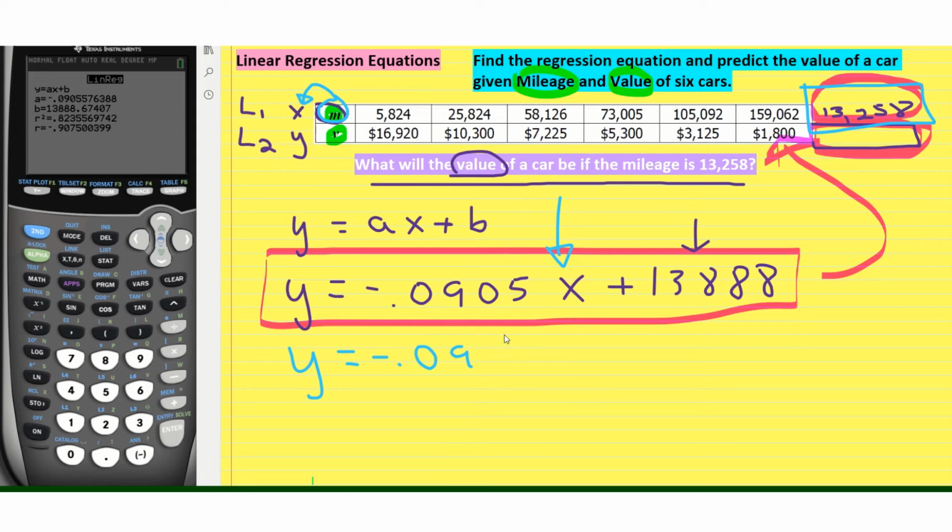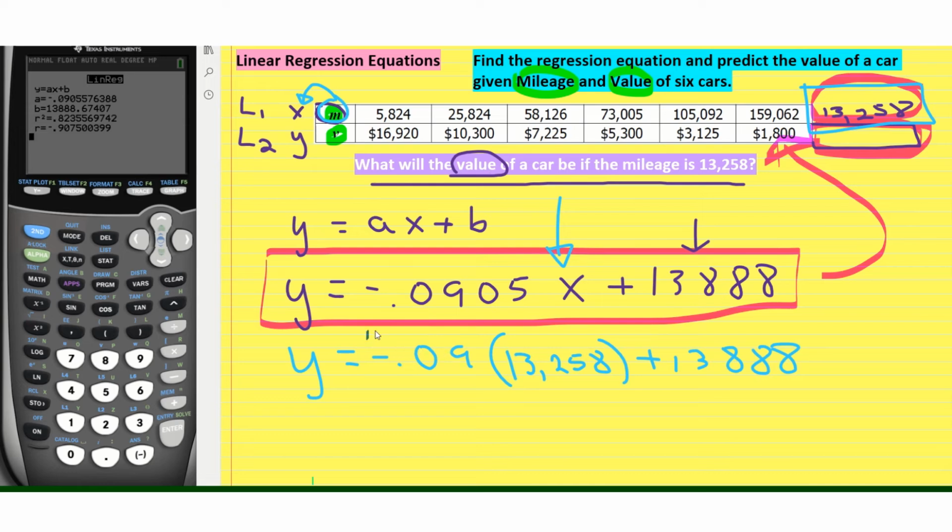And then where the X is we're going to put our mileage. They want us to consider a car that has mileage of 13,258 miles, and then plus 13,888.